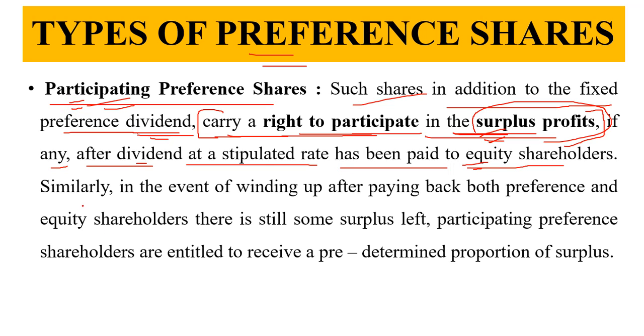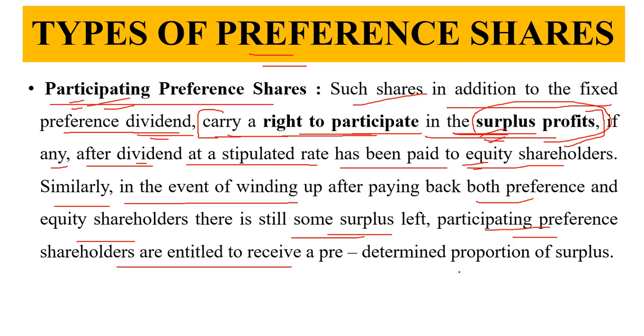Similarly, in the event of winding up, meaning if the company is getting closed, at that time also, after paying the preference shareholders and equity shareholders, if there is still any surplus left, participating preference shareholders are entitled to receive a predetermined portion of the surplus.